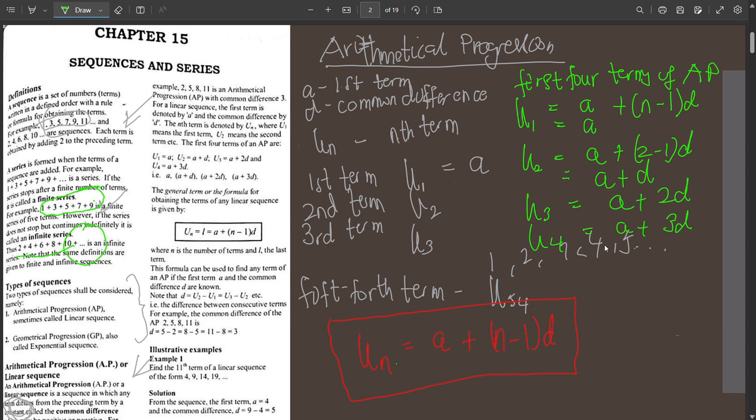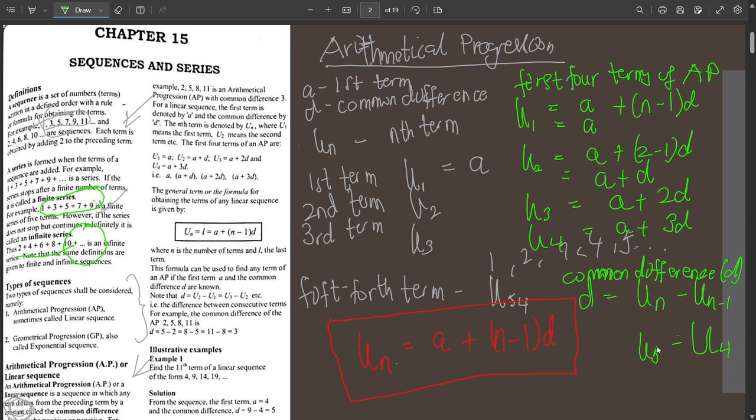See the d. How do we get d? The common difference. Calculate d. It's always a term minus its preceding term. So if the term is the fifth term, its preceding term is the term that comes before it, which is the fourth term, u of 4.